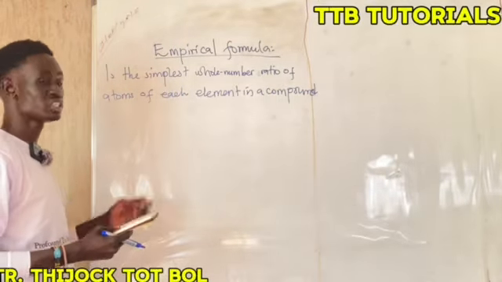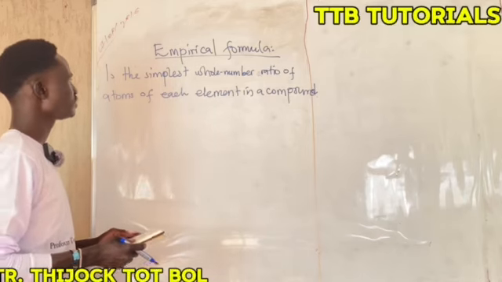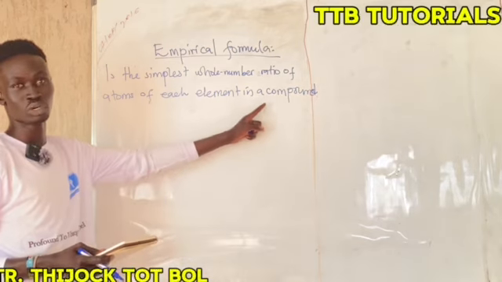So this is the simple definition for empirical formula. So it is the simplest whole number ratio of atoms of each element in a compound.